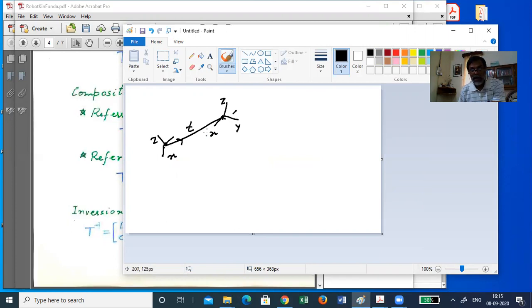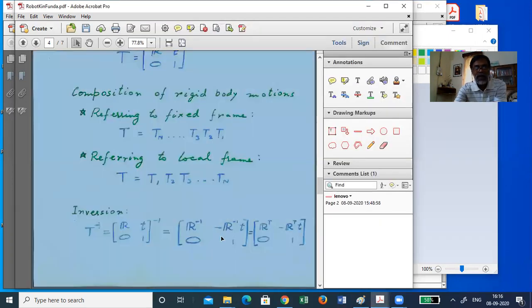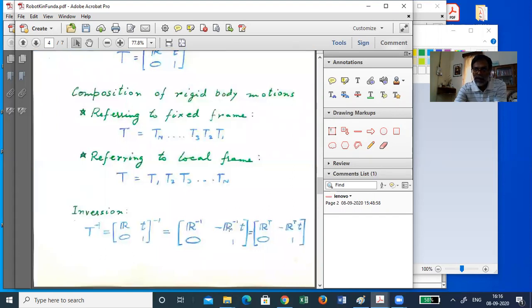Now it has to be seen from the perspective of this. So this vector, as given in this frame of reference, when multiplied with R inverse, will give you this vector as seen from here. And that is why this vector minus T is multiplied with R inverse, which is the same as R transpose.